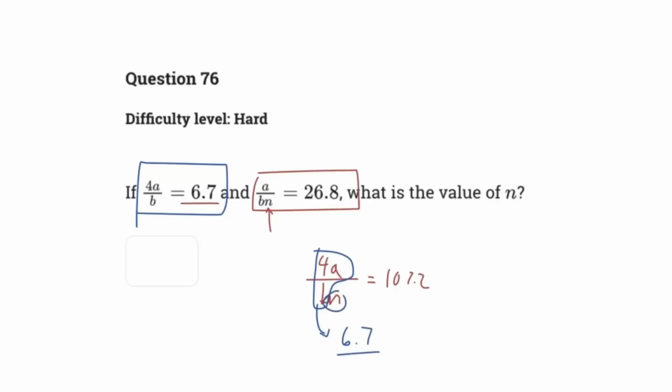So 6.7 over n is equivalent to 107.2. You can rearrange this to solve for n, and we would get 6.7 over 107.2 equals n. And 6.7 over 107.2 also just simplifies to 1/16, and therefore our value of n is 1/16.